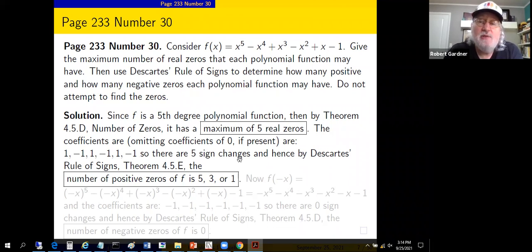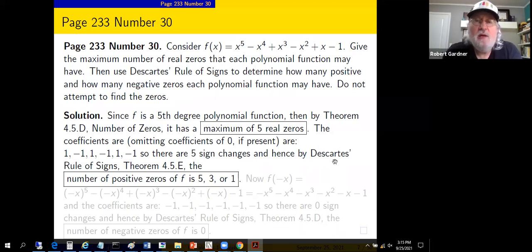So Descartes' rule of signs tells you that the number of positive zeros is 5, or 3, or 1, reduced by 2. So in a best case scenario, we would have 5 real zeros and all 5 of them would be positive, but I don't know. There's still ambiguity in this.